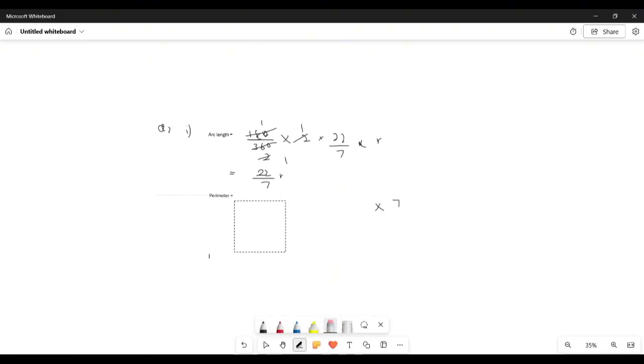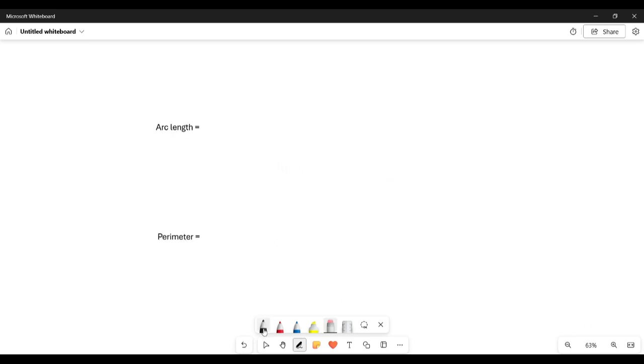Question was second part, right? Okay. 120, like I said, so you need to have 1 over 3 into 2 into 22 over 7 into radius is unknown, so we leave it as r. Okay, so we don't have anything to cut here.